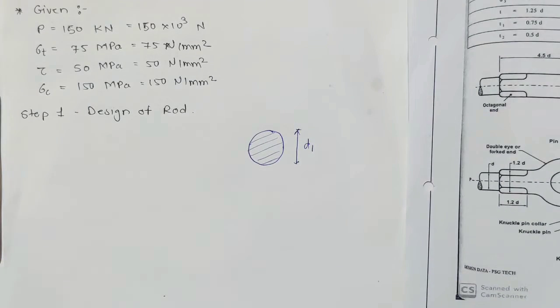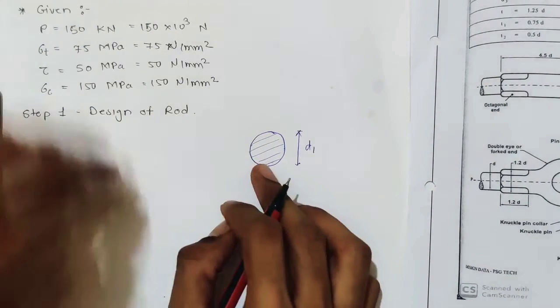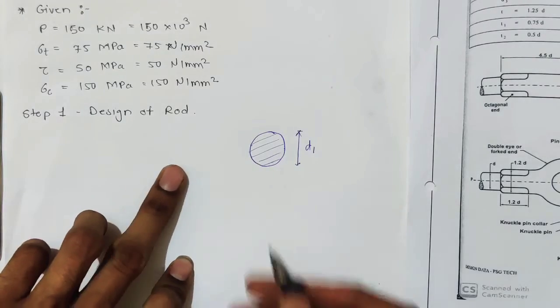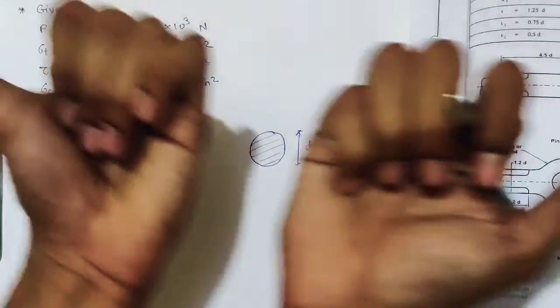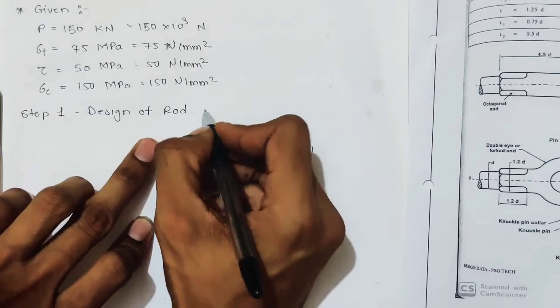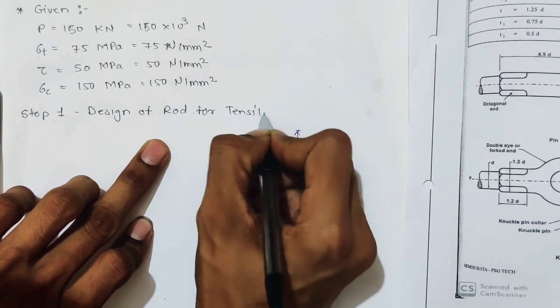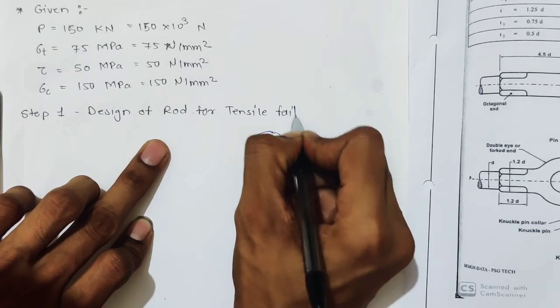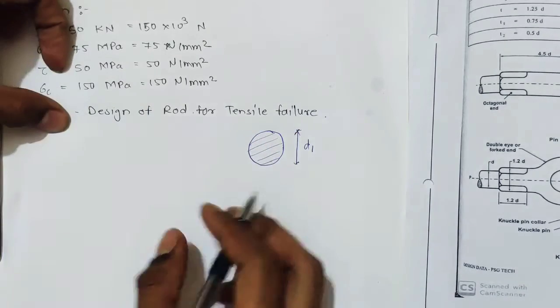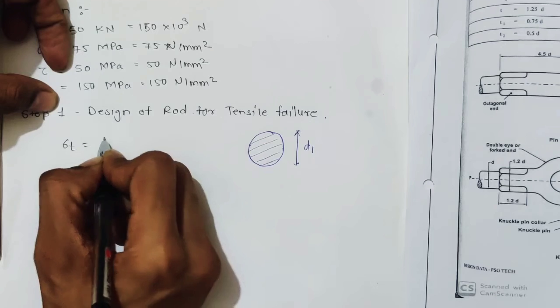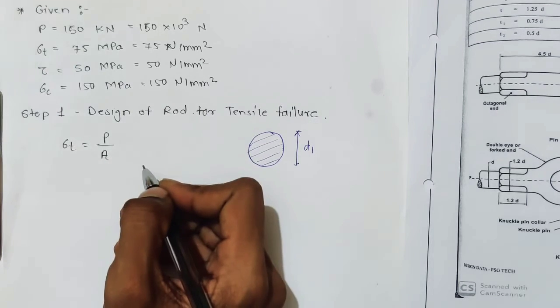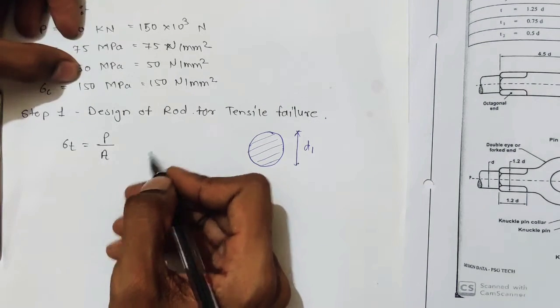Now which stress is acting? That is tensile stress. So, design of rod for tensile failure. So sigma T is force upon area. Now what is the area?